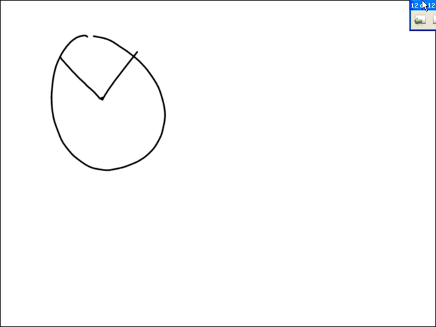We can start over with chords and talk about central angles, and we can start with central angles and talk about chords. If in a given circle or congruent circles, these two arcs are congruent, then so are the central angles. You know what? That's theorem 1.